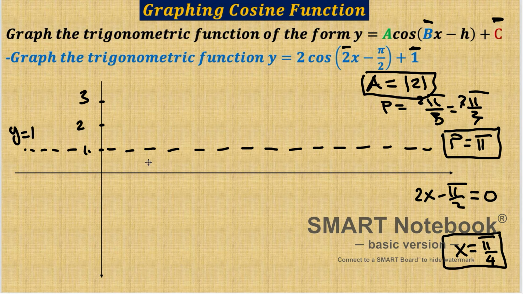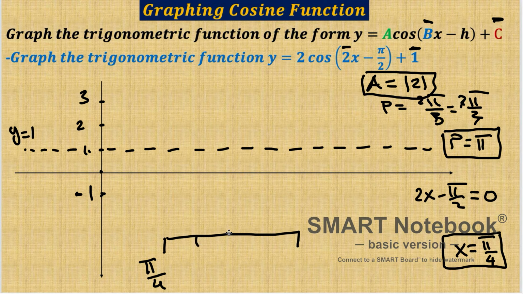And now we are looking here. This is the amplitude. The range is going from minus 1 to 3. But now we are looking at the phase shift. The phase shift is pi over 4. We are interested in just one period of the function. In one period, we can divide into four equal spaces.